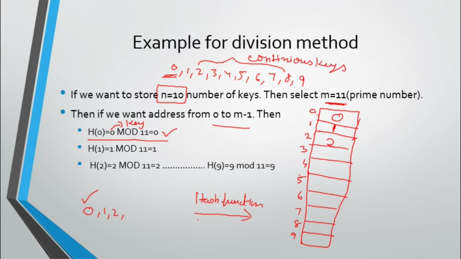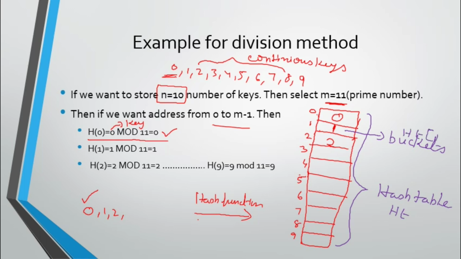This entire thing is a hash table. If I take this as ht, what is this particular space? It is nothing but ht of 1. In ht of 1 I have 1 key.